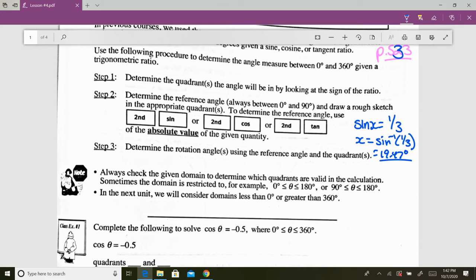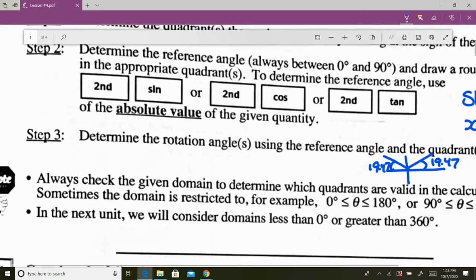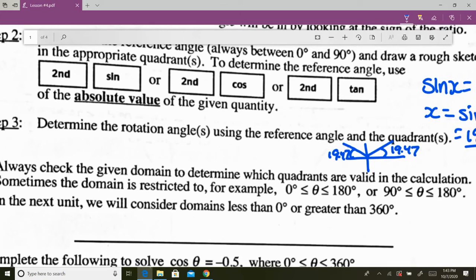Because if you think about it, that's 19.47, right? I can draw a reference angle over here that is 19.47. If that's 19.47, what is the rotation angle to get there?